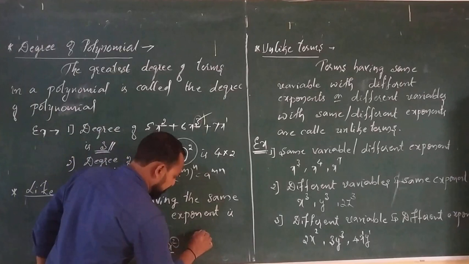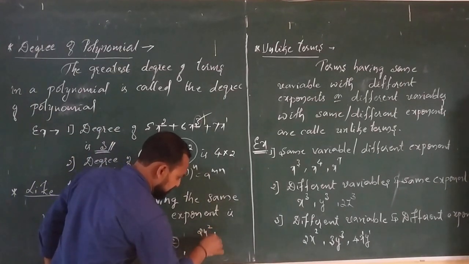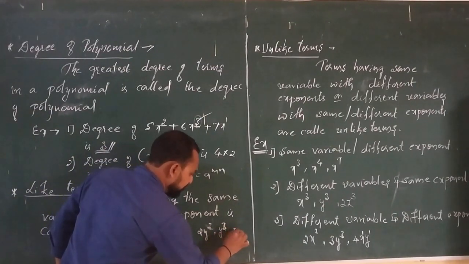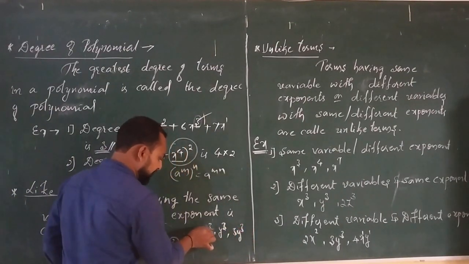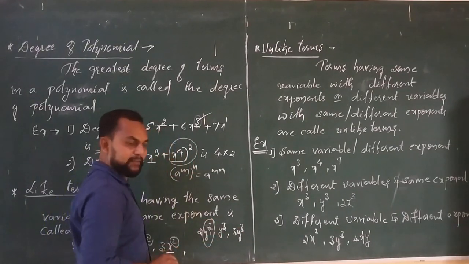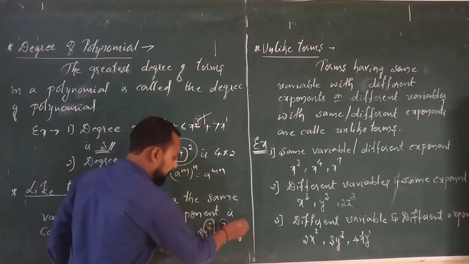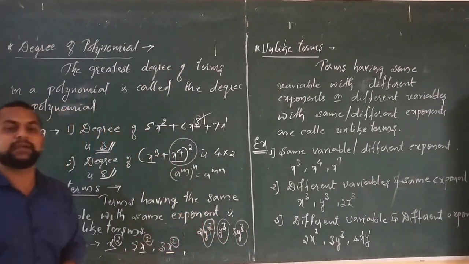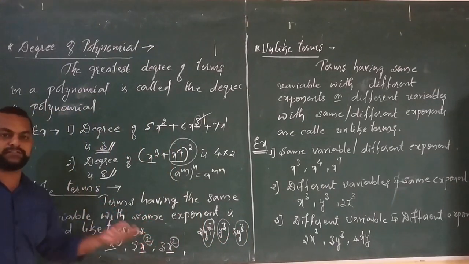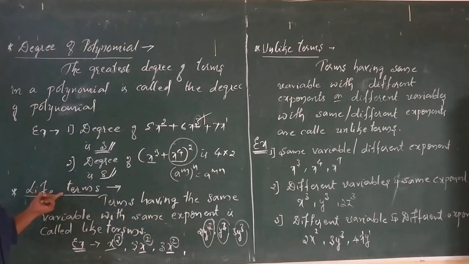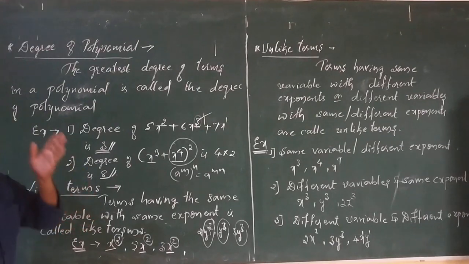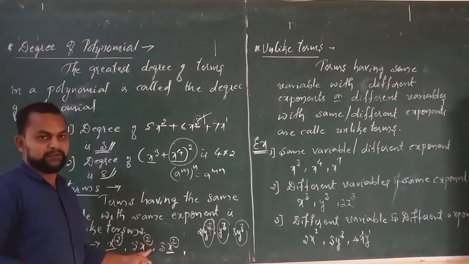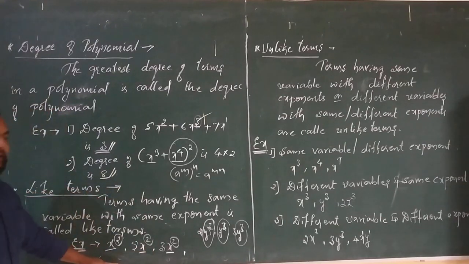Take an example: 2y square, 2y cube, y cube, 3y cube. The power of the variable is 3 in each, and the variable is y. The same variable with the same exponent, the power also the same, is called like terms.